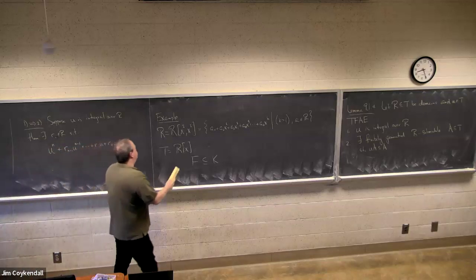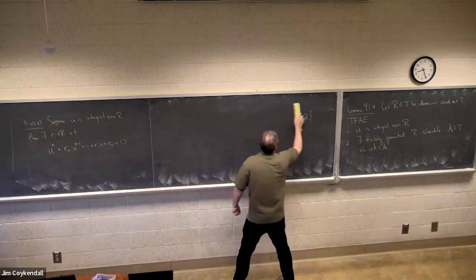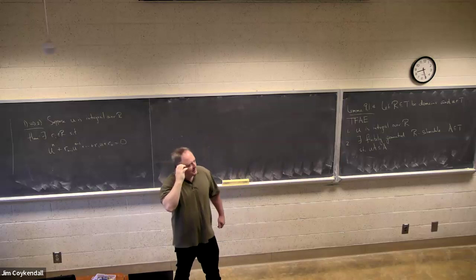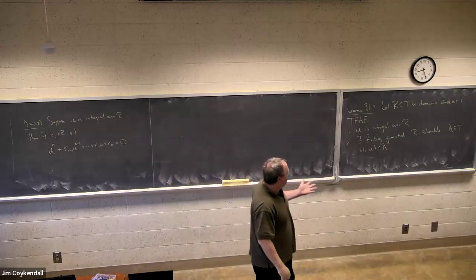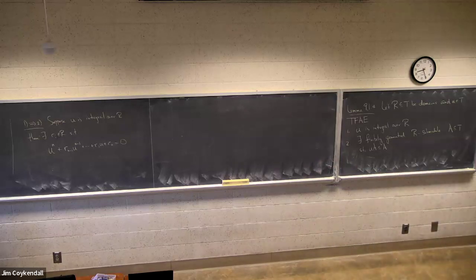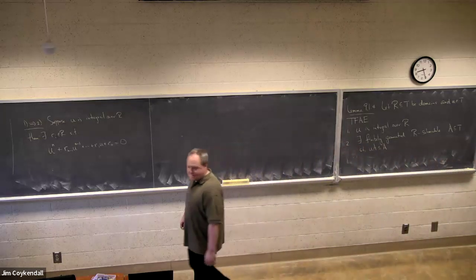Now, anybody know how I can pick my A? Right, so the burden upon me now is to find a finitely generated R submodule A of T such that UA is contained in A.